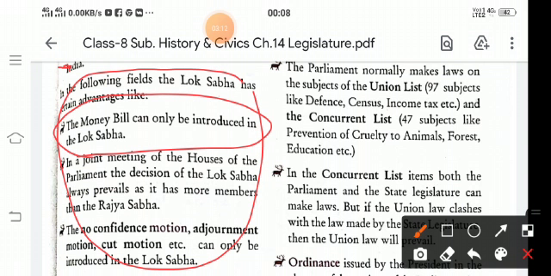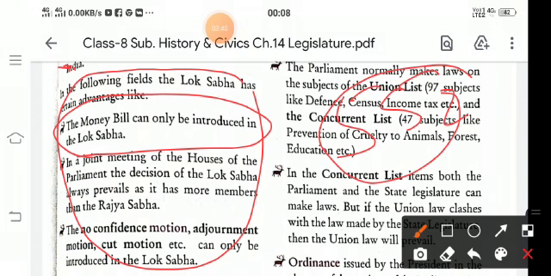Second, in a joint meeting of the Houses of Parliament, the decision of the Lok Sabha always prevails because it has more members than the Rajya Sabha. It has 552 and the Rajya Sabha has 252. So that is why, always when the joint meeting of the Houses is held in the Parliament, the decision of the Lok Sabha prevails.